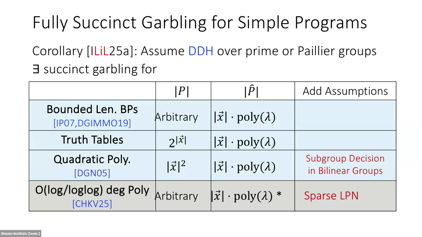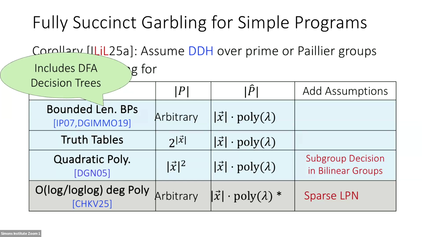If I want to not use the full-blown homomorphic encryption, it turns out that using much weaker, different assumptions, we can get homomorphic encryption for a restricted type of programs. And therefore, our framework immediately gives you fully succinct garbling for all these simple programs.